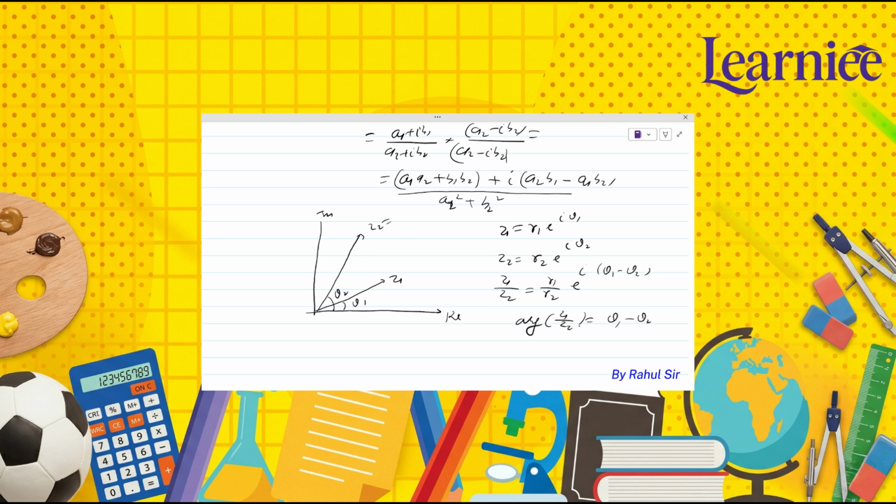Now theta 1 minus theta 2. So where does this lie? Let's see, it's interesting if I draw like this. Otherwise, we have to draw the negative side.